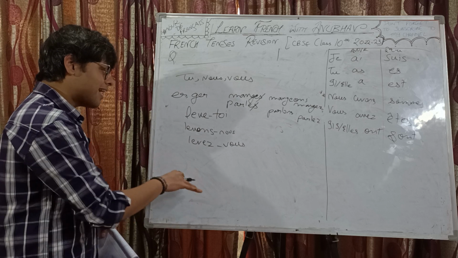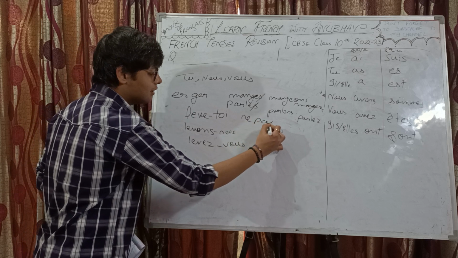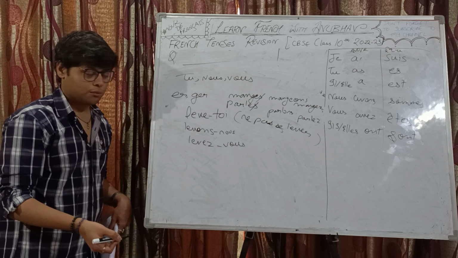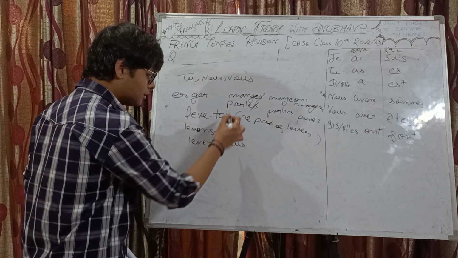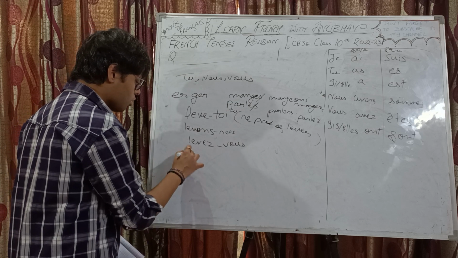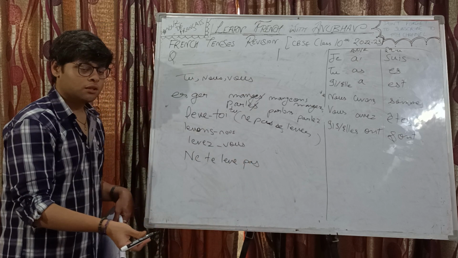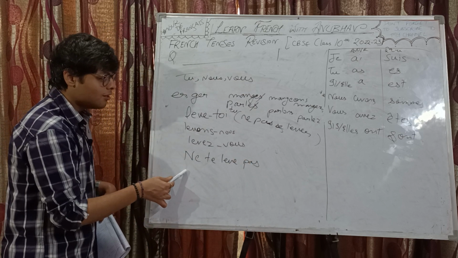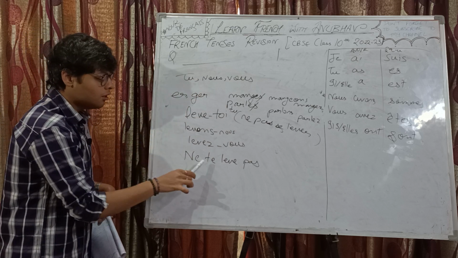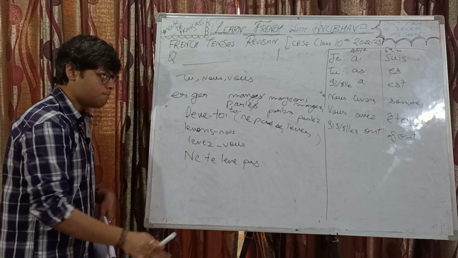But if it's negative, for example, ne pas se lever is the verb that you need to do in imperative, right? How will you do it? You need to conjugate with tu. So it will be what? Ne te lève pas. So when it becomes negative, the pronoun comes again to its original position, right? That is, before the verb. So that's how you're going to do imperative, right?